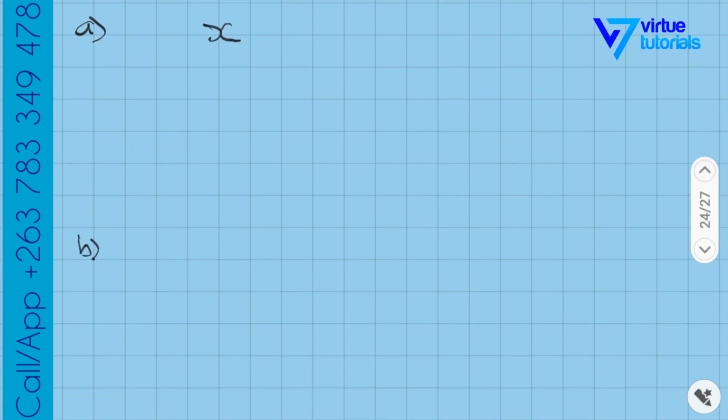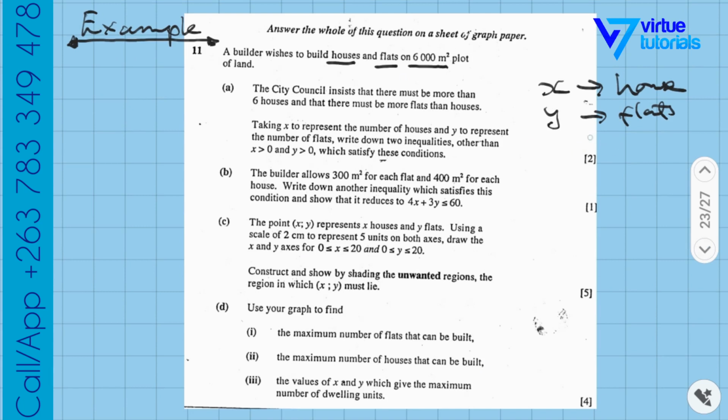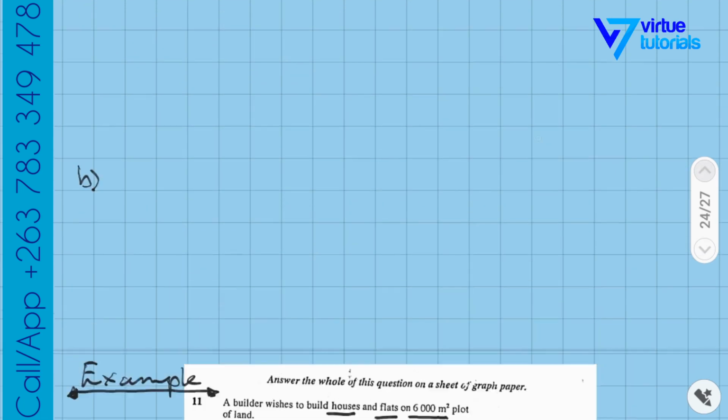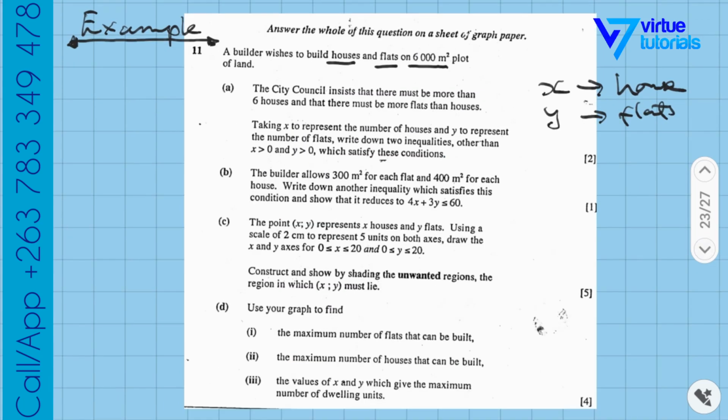Then we're told that there must be more flats than houses, so the number of flats Y must be more than the number of houses X. Those are our two inequalities.